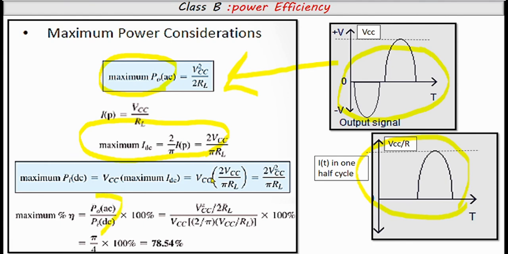After taking the ratio, the maximum efficiency is 78.54%. So this is the advantage of class B amplifier. For class A amplifier it was only 25%, so this is the advantage, but the disadvantage was crossover distortion.